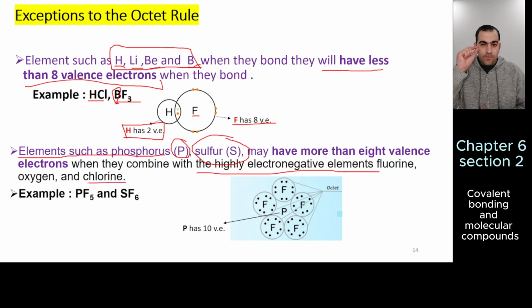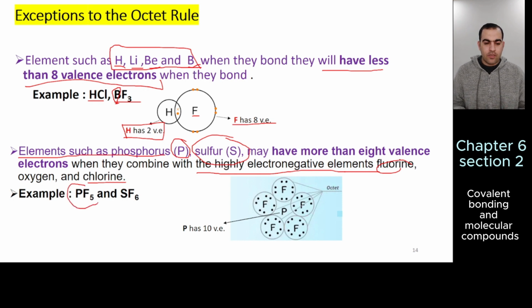If phosphorus and sulfur bond with one of these three highly electronegative elements, they can have more than 8 valence electrons.